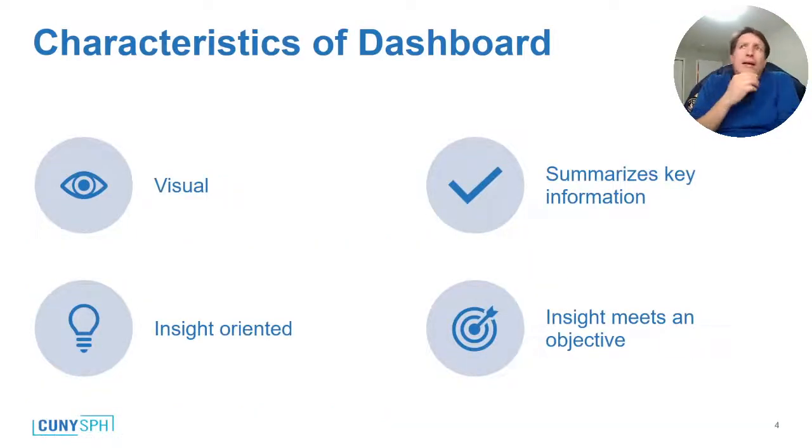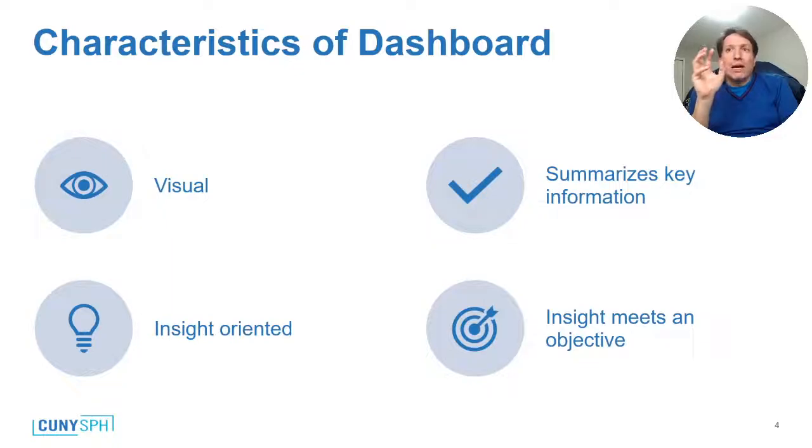What are the main characteristics of dashboards? First, they are visual tools, and their task is to summarize key information. This is really important about summarization. It's not all the extent of the data, it's not going into deep analysis, it's just summarizing what is going on.